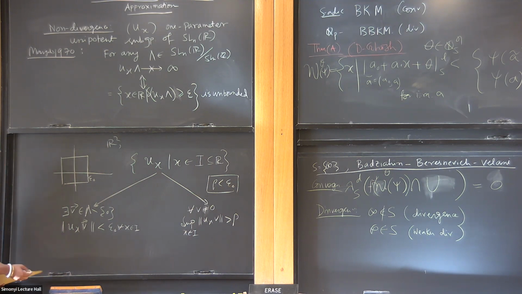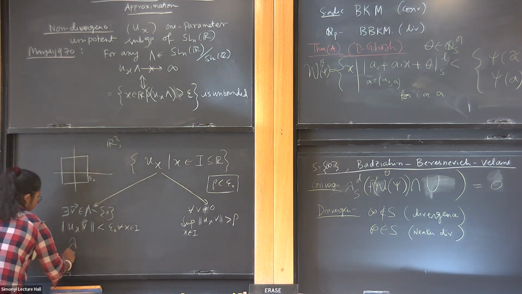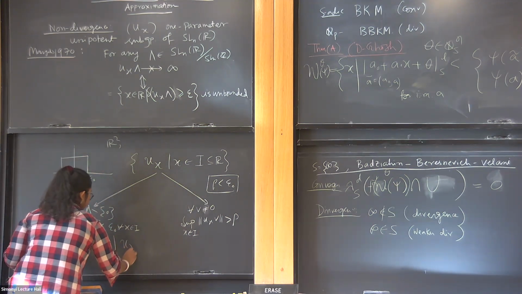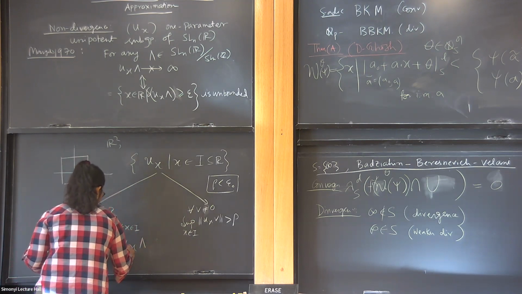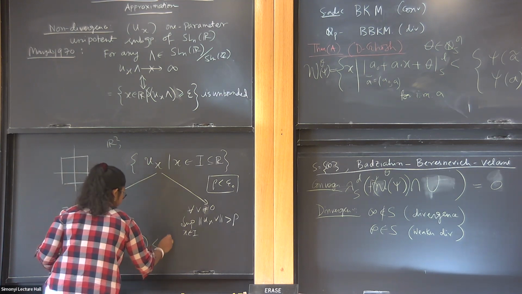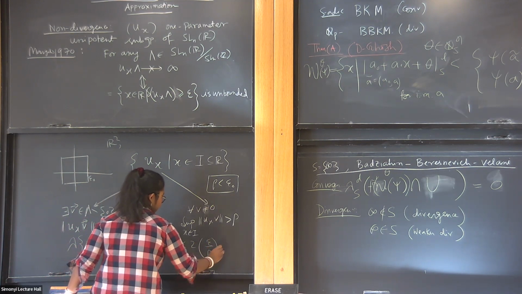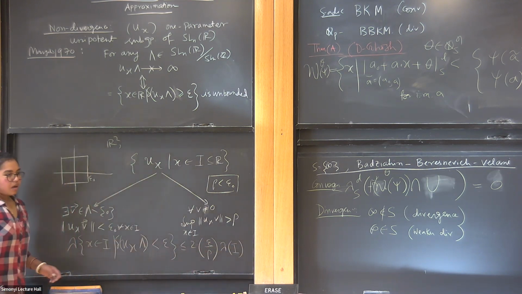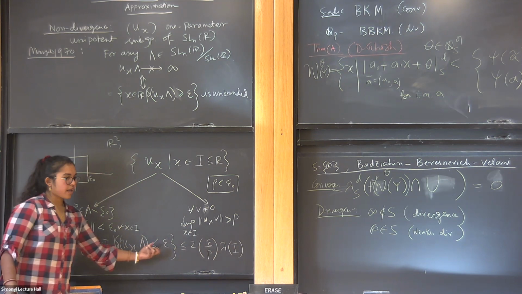In both of them, the conclusion is that if you look at the set of x where δ of u_x Λ is less than ε, then if the first case happens, it's just an interval of length ε.